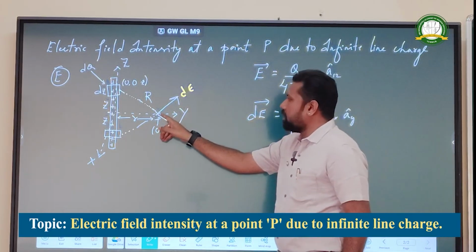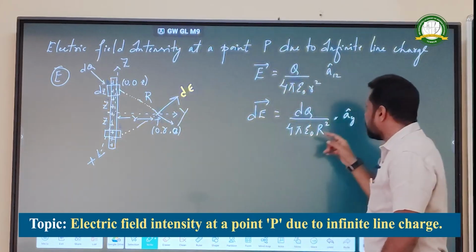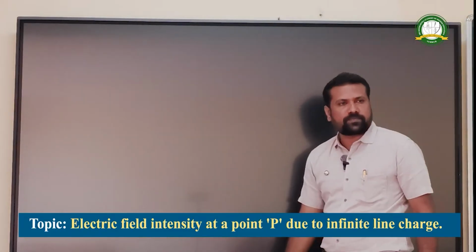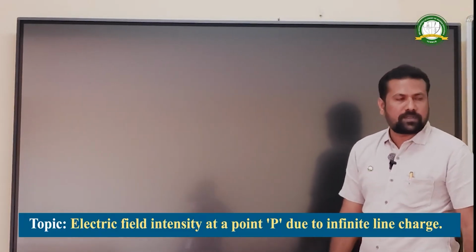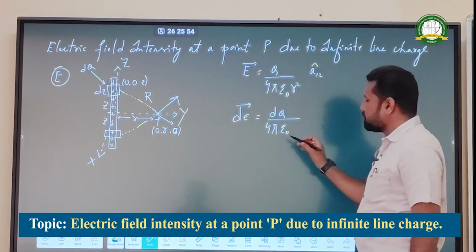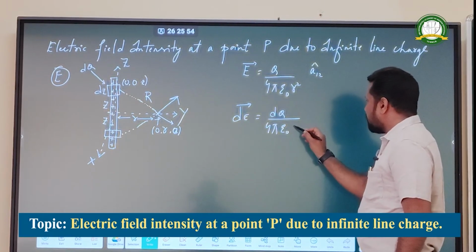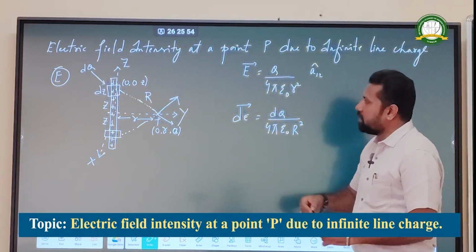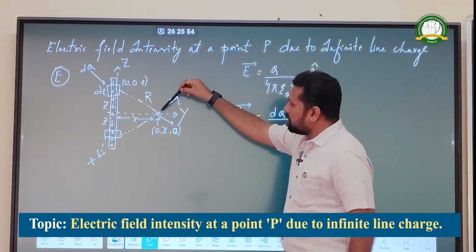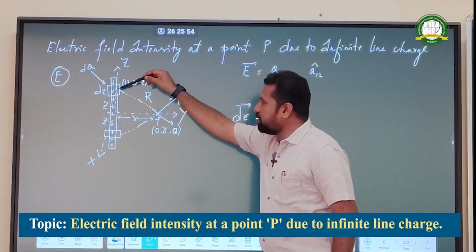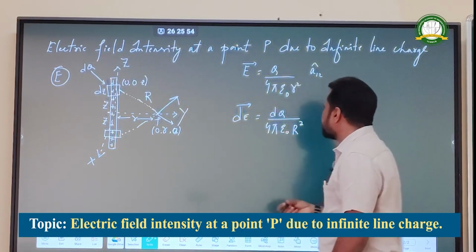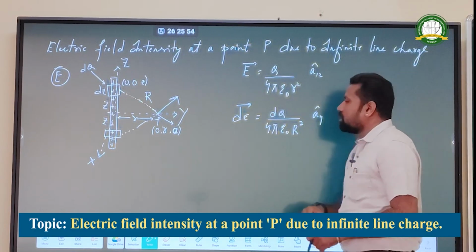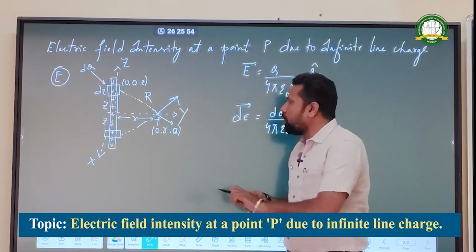Here the point P is located on the y axis, so it is the a_y vector. The electric field is 1 by 4 pi epsilon naught into capital R square, because here capital R is the distance between the point P and the small differential segment dz, into a_y cap, because the point P is located on the y axis.